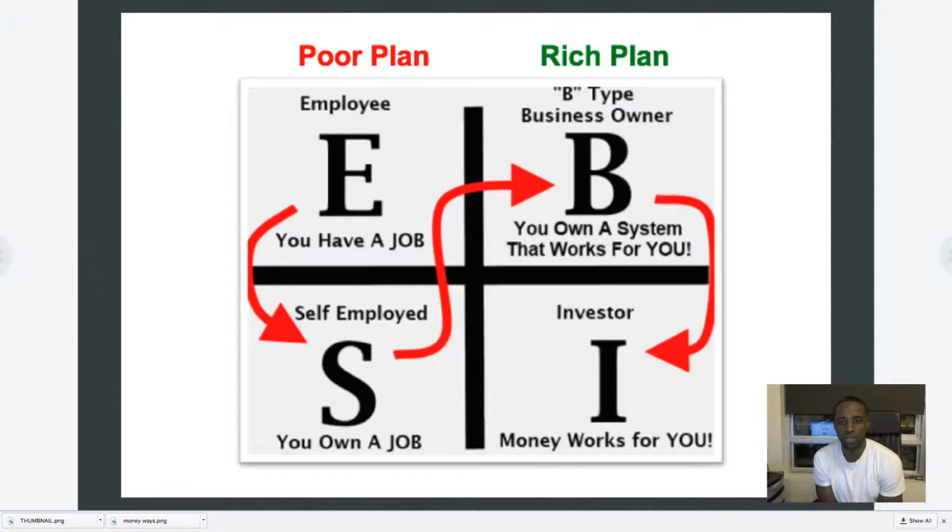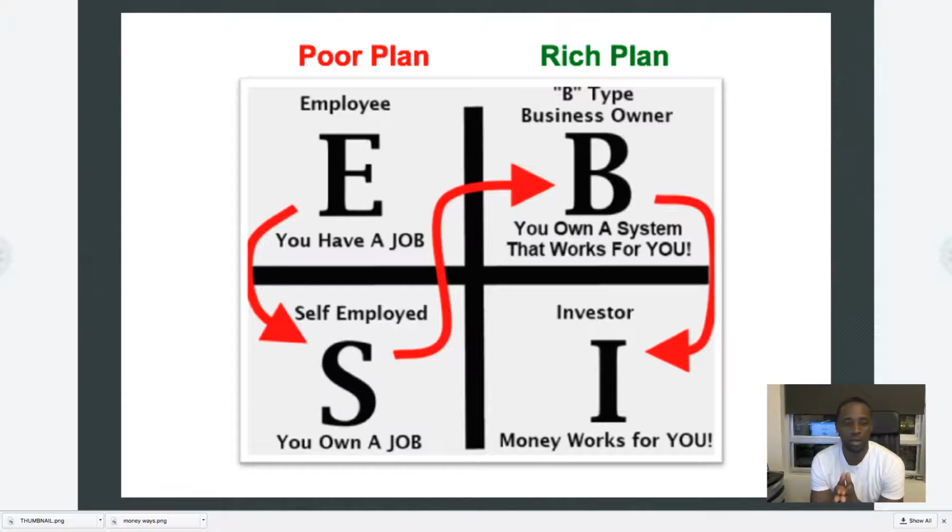He had 2 different sides on this quadrant. There's the poor plan, and then there's the rich plan. So ESBI, poor and then rich. In the poor plan, E as the employee is you have a job. You work for someone else, and you can't really control your finances if you really think about it.